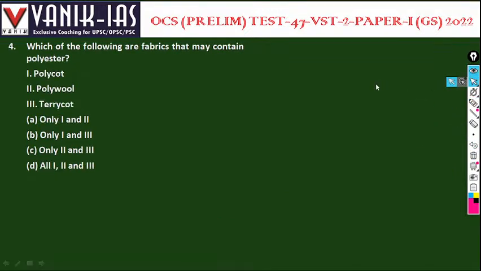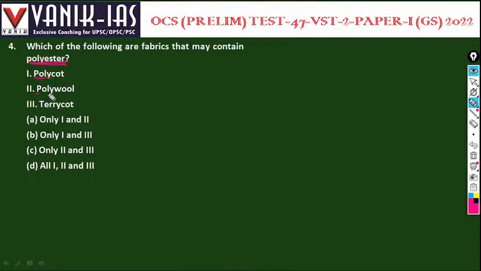Which of the following are the fabrics that may contain polyester? Polycotton, polywool, or terracotta. Just by observing the nomenclature, polyester, poly is there.